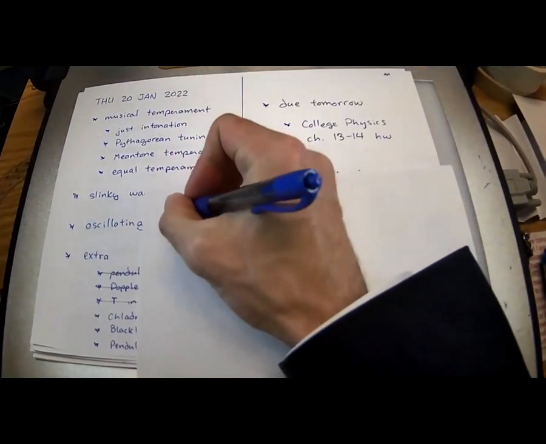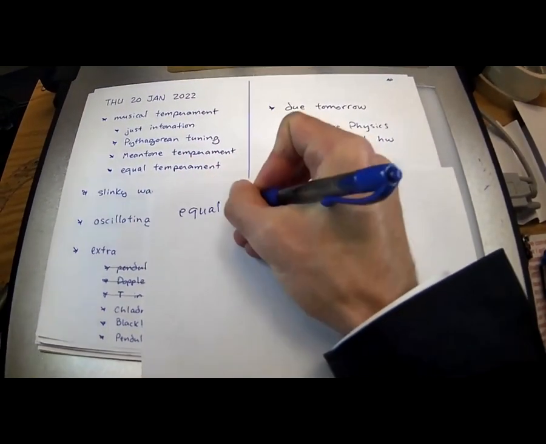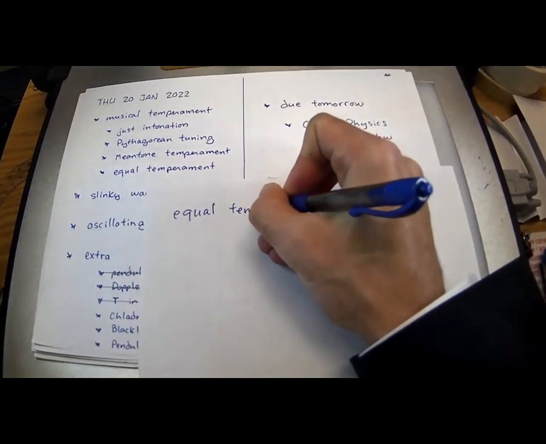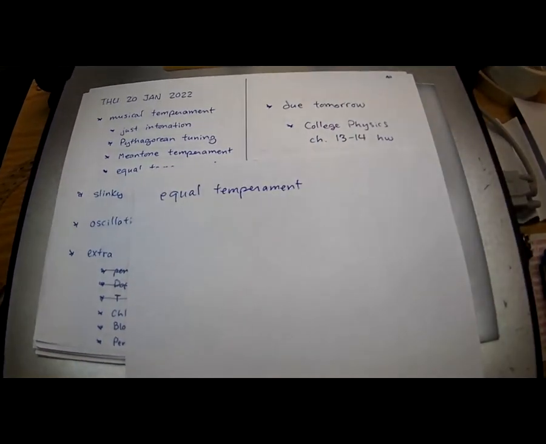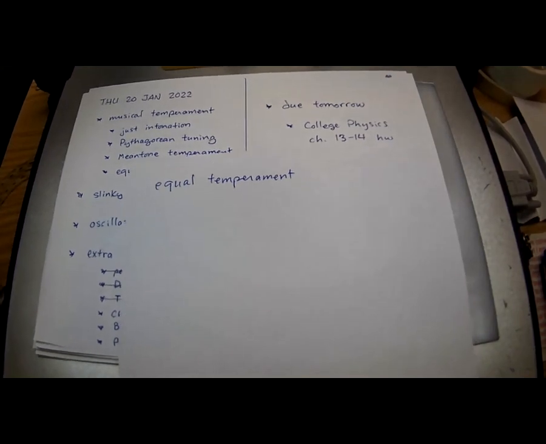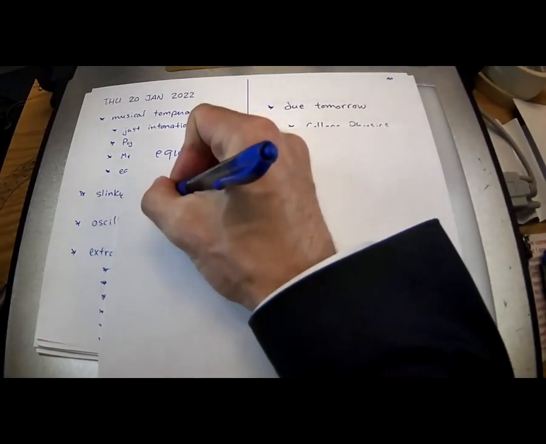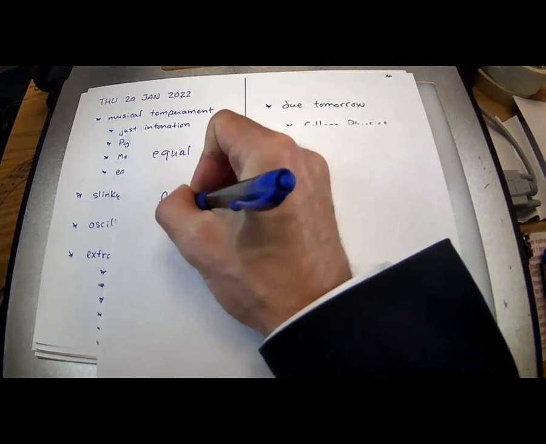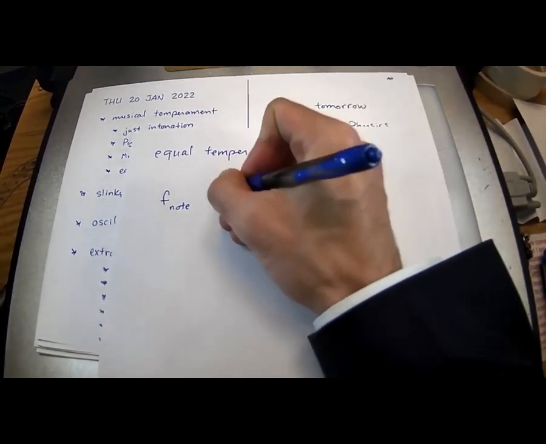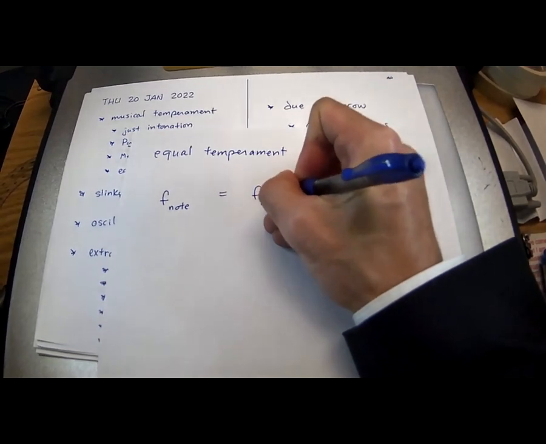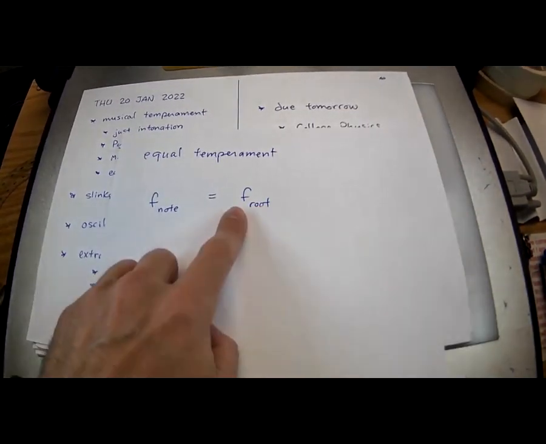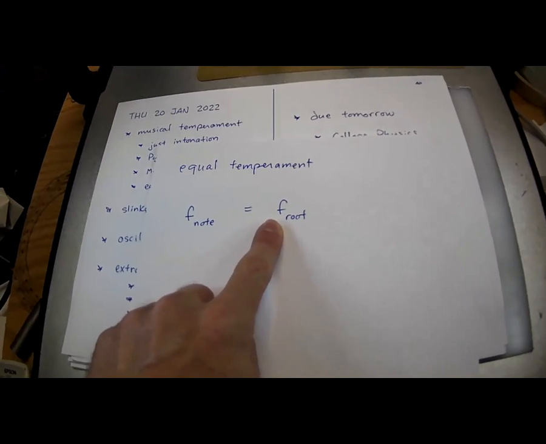So equal temperament goes like this. The formula goes, if you're interested in what is the frequency of a particular note, say relative to some root note, I'll start with the frequency of a root note. For example, one of the A notes is defined as 440 hertz.